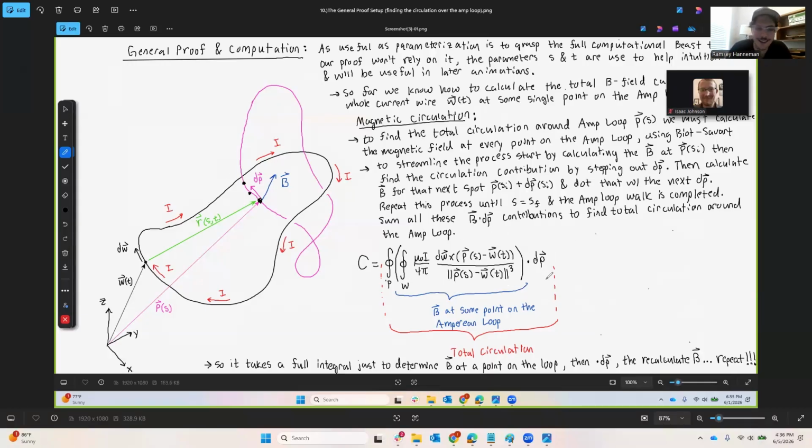Brutal. That's right. To get the total circulation, you have to do a wire loop integral an infinite number of times to do the path integral and find the circulation. And at this point, most people would just give up, right? Like, no, this isn't possible.